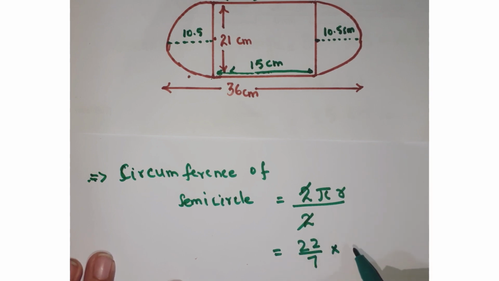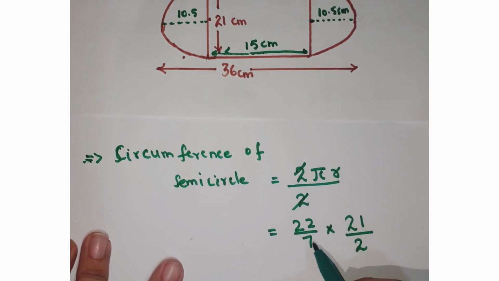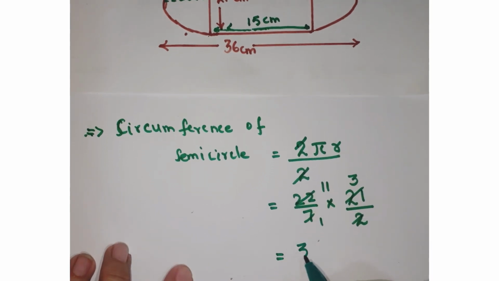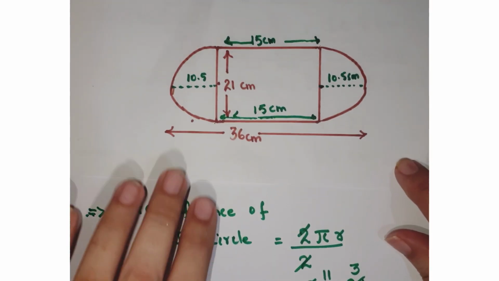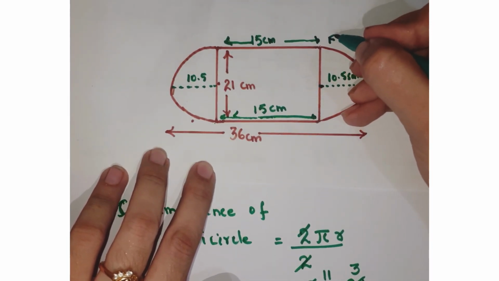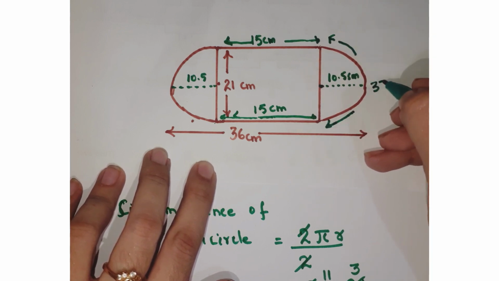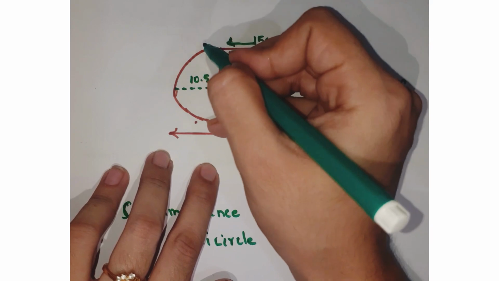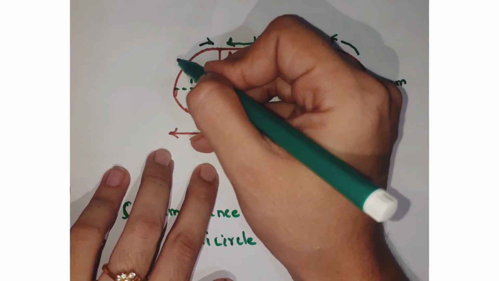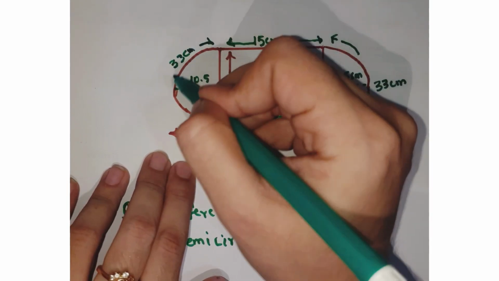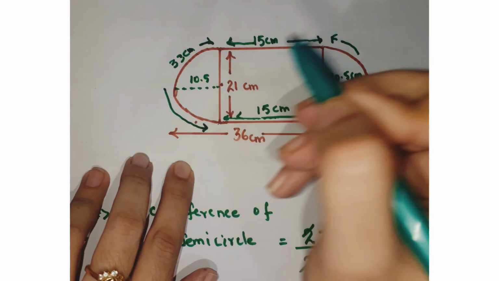And since radius that you calculated earlier is 21 upon 2. After cancellation, right, you get the circumference of the semicircle equals to 33 centimeter. Now let's mark it in the figure as well. This semicircle has a circumference 33 centimeter and this side is also 33 centimeter, right?